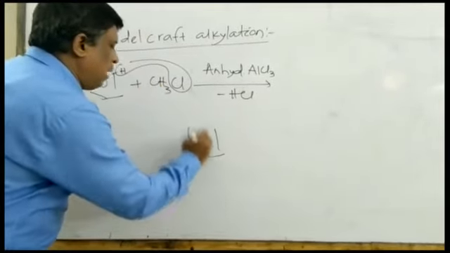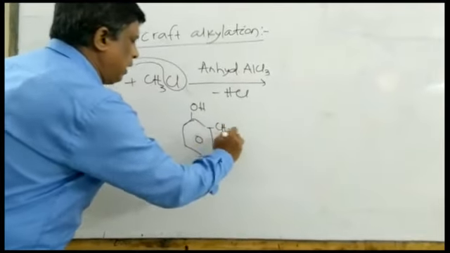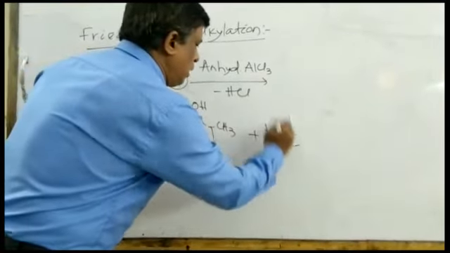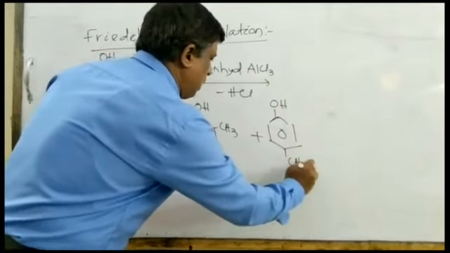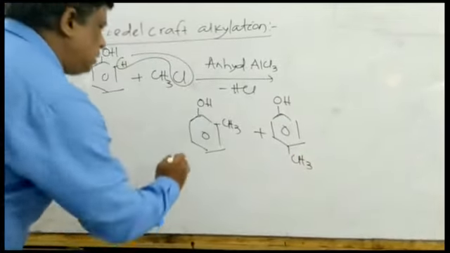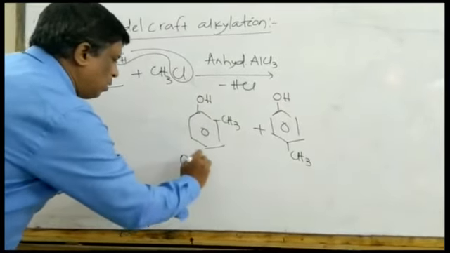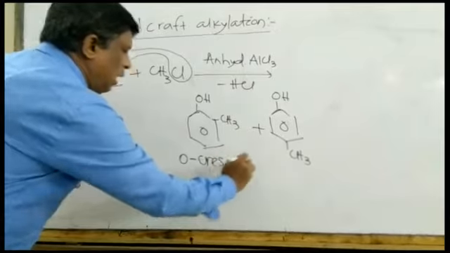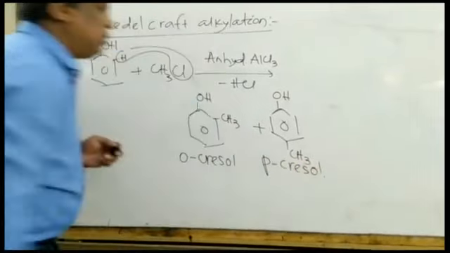A mixture of o-isomer and p-isomer is drawn. Here the p-isomer is the major product while the o-isomer is the minor product. Its name is o-methylphenol or o-cresol and p-cresol. p-cresol is the major product.